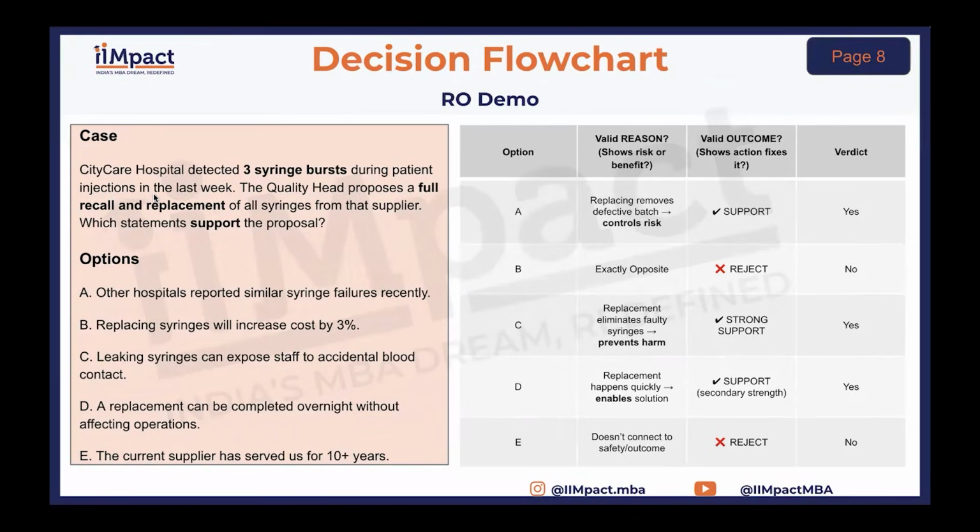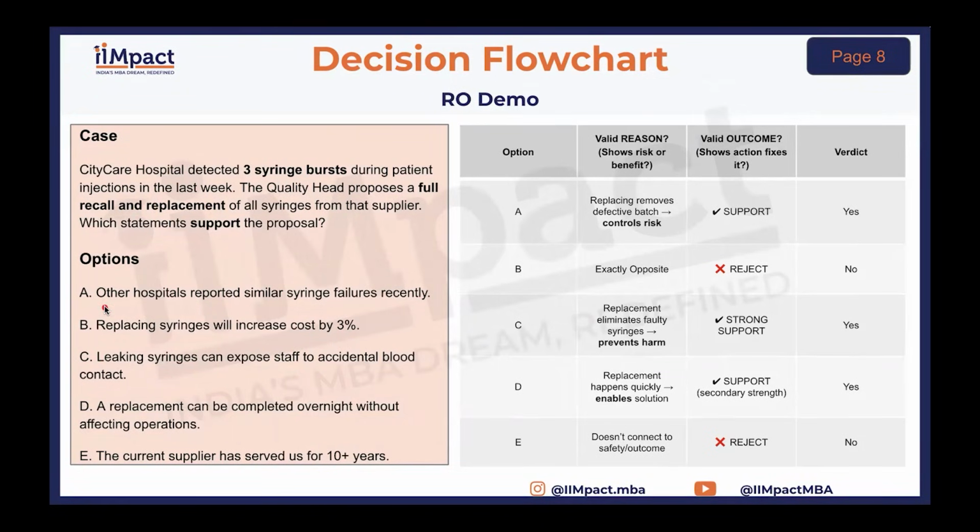And when you are talking about syringe burst, you have the possibility of contamination. So this level of insight assumes that you have this real world insight that injections should be sterilized, they should not burst while in the process of injecting.